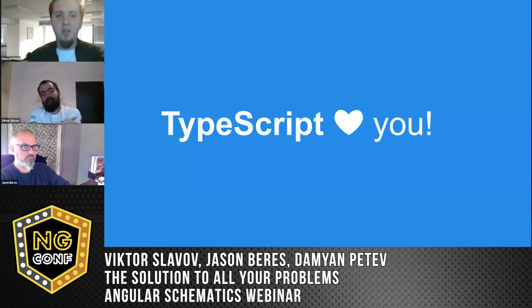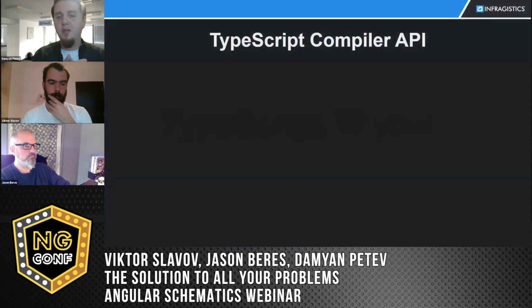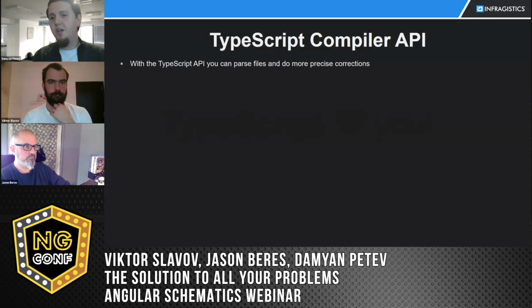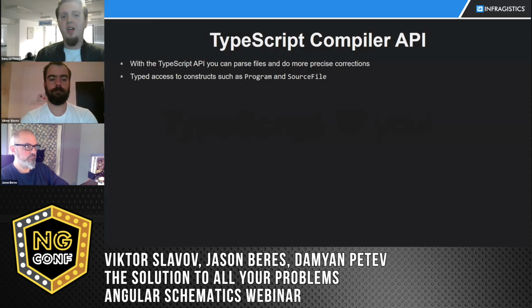Now, we normally associate TypeScript with the compiler it comes with, and that's what everybody's using. But what you can do is actually tap into that compiler's API, which will allow you to parse that string source file, gain insight on the source code itself, and that will hopefully allow you to make corrections in the code with surgical precision. And TypeScript being TypeScript, of course, you have interfaces for the core constructs, such as a program or source files within it.